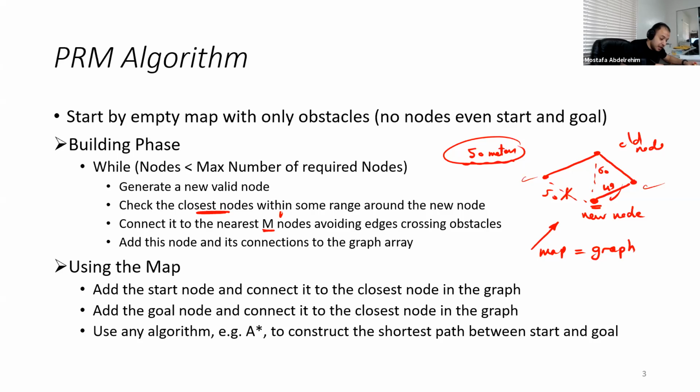One note here: the word I used is valid node, because maybe you have an obstacle like this. Again, these two nodes are within the 50 meter range, but you can't connect to that one. So at that time, you connect your robot to that one only.